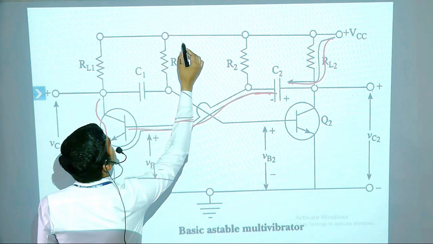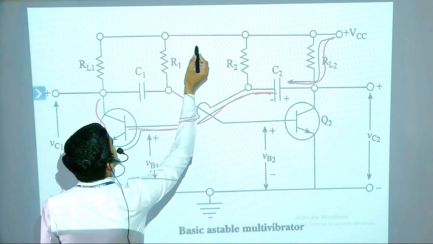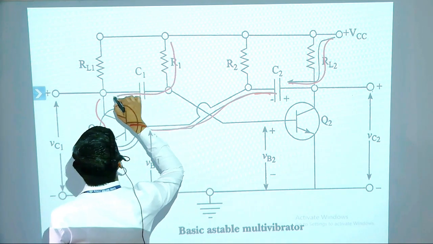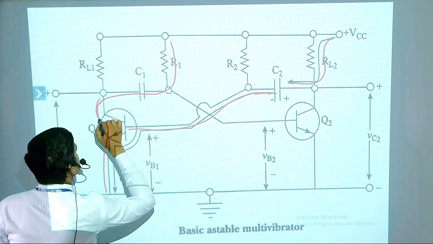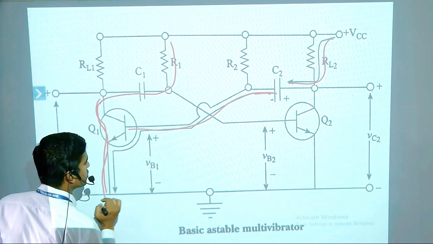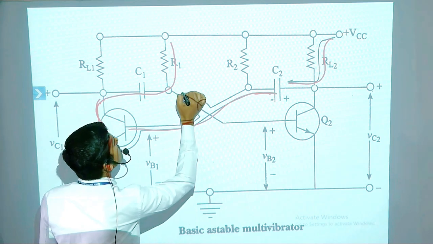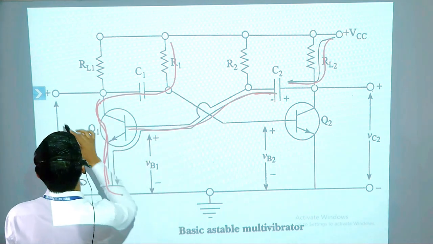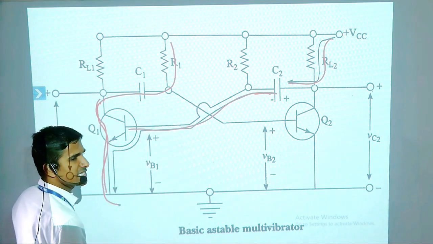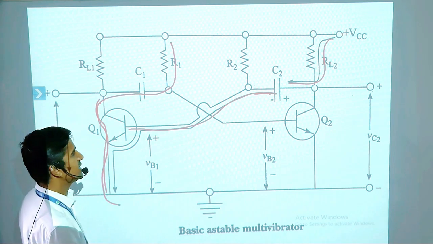Then capacitor C1 discharges through R1, and this signal passes from collector through emitter to ground. When there is a low signal, it means zero signal. This is the first condition: transistor Q1 is on.